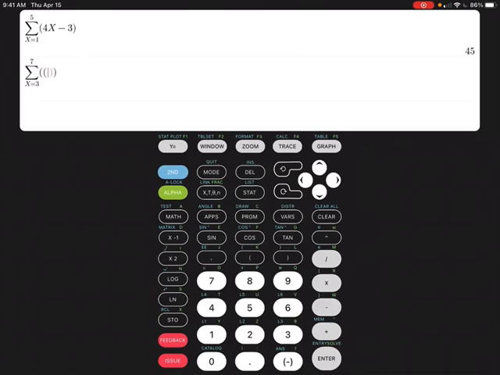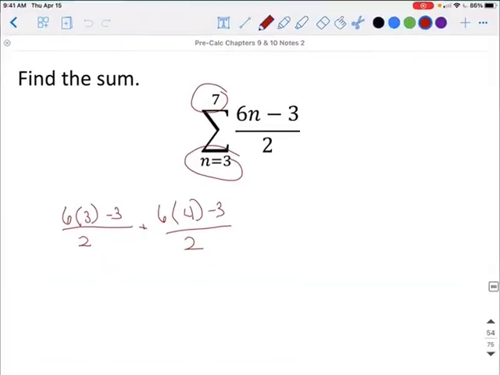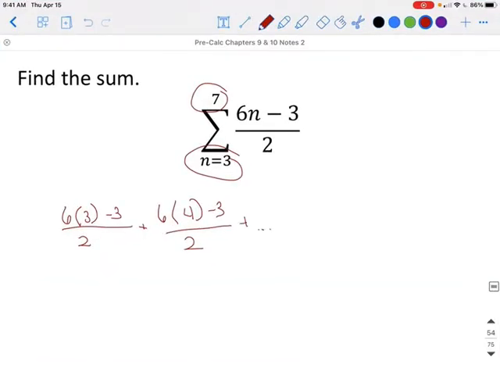But if you don't, you can just put it in as parentheses. So we can do 6x minus 3 divided by 2. So we have that numerator in parentheses. And we should get a value of 67.5.